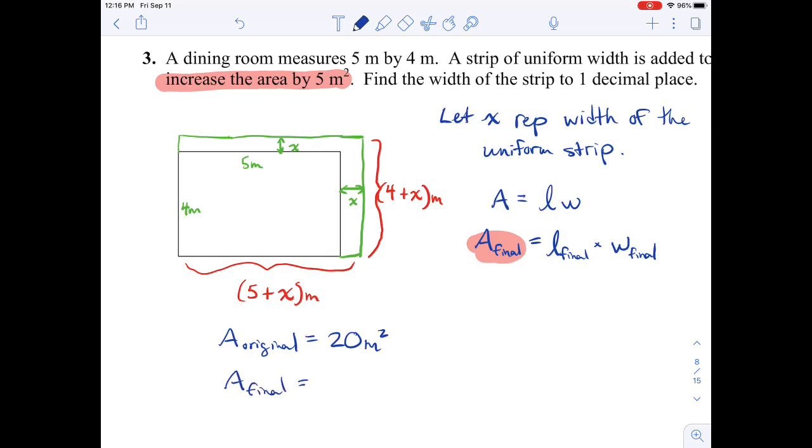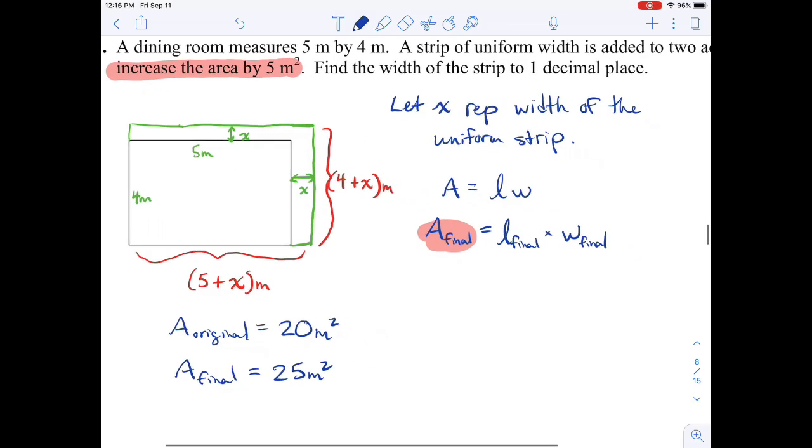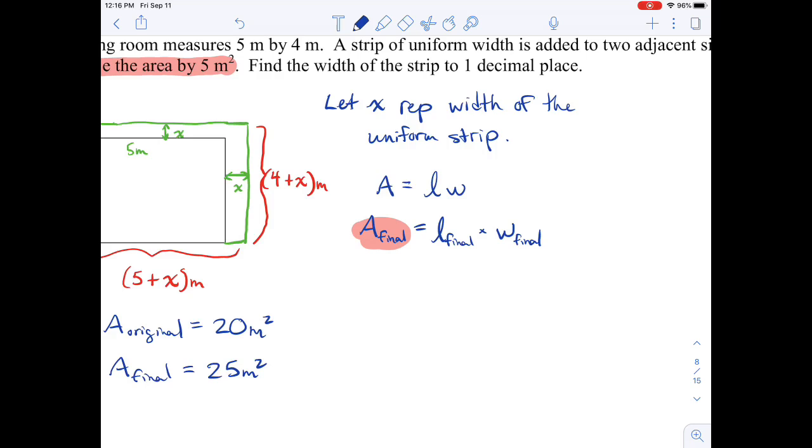So that means our final area, once we add these pieces on, should be 25 meters squared when we add an extra 5 meters squared. So let's put all of that together now. So now we can say 25 meters squared must be equal to 5 plus x for the new final length and 4 plus x for the new final width.